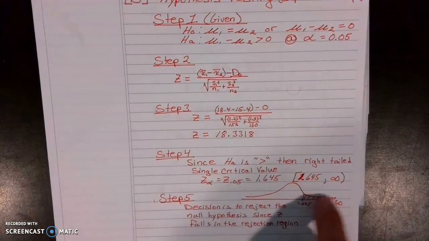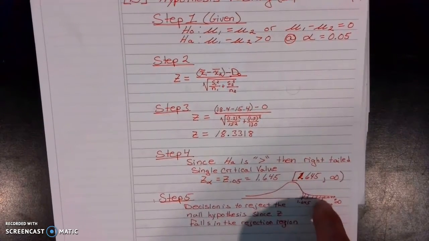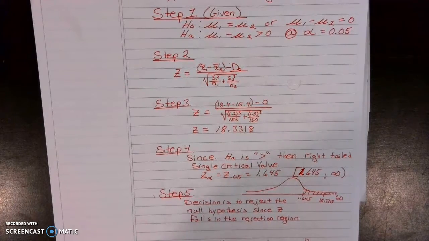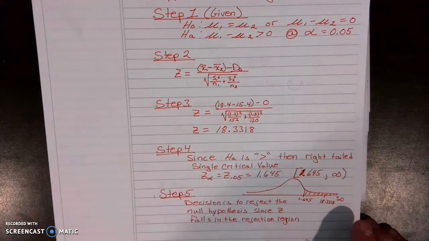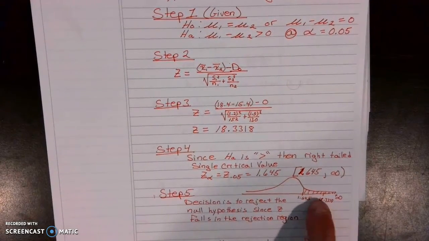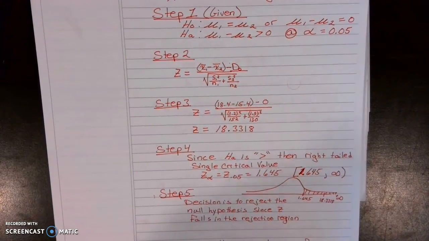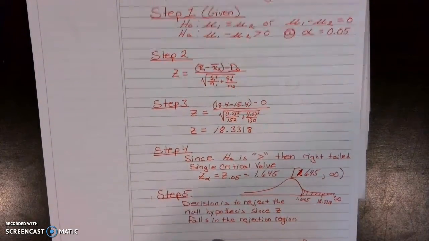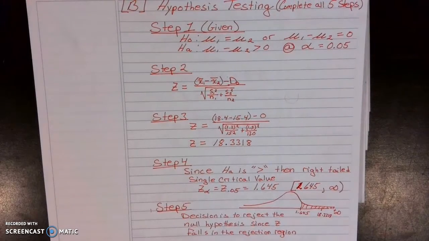If this value does in fact fall within the rejection region, then we reject the null hypothesis and therefore accept the alternative hypothesis. Since it falls within the rejection region, we reject the null hypothesis since z falls in the rejection region.